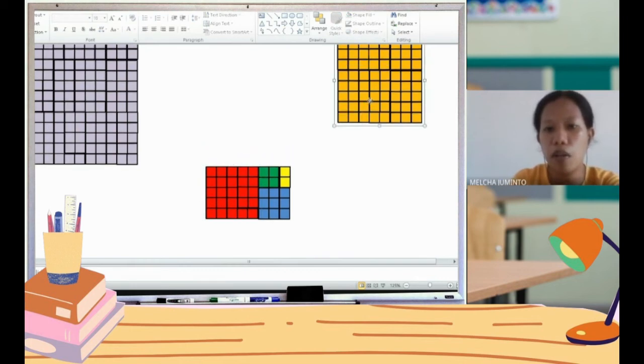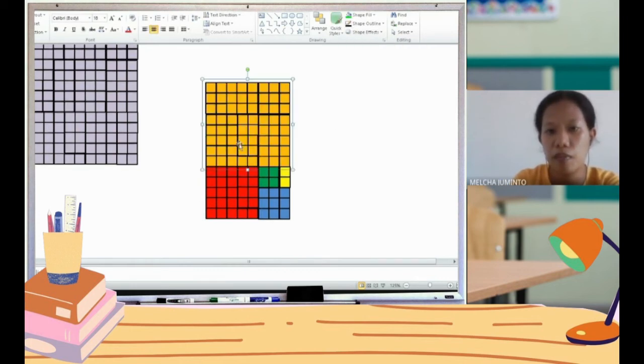Next, we need 8 by 8 to form also a golden rectangle using 8 by 8 squares. So the numbers are 1, 2, 3, 5, 8.